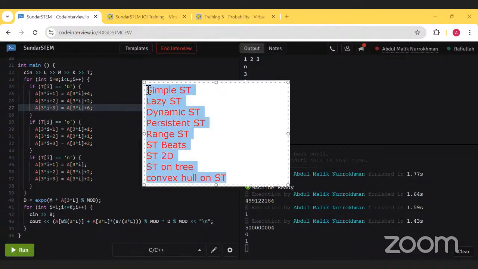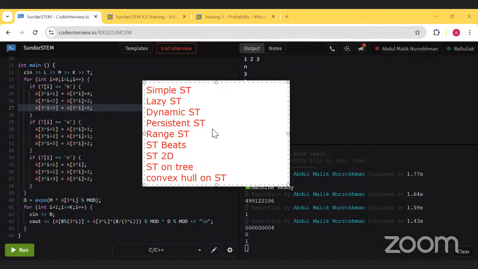The topic will be so wide and we do not always discuss all of them at one time, but we can discuss it one by one, and then we discuss another topic, and then discuss again about the other segment tree, and then another topic again, and so on.